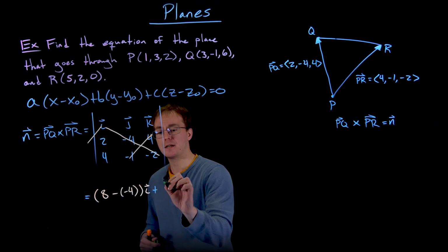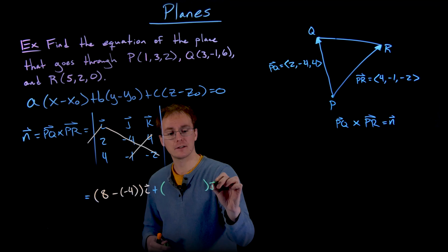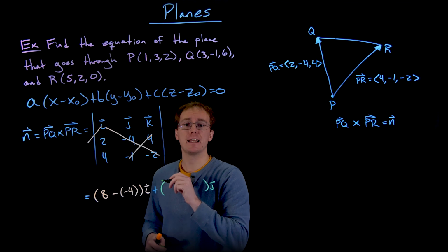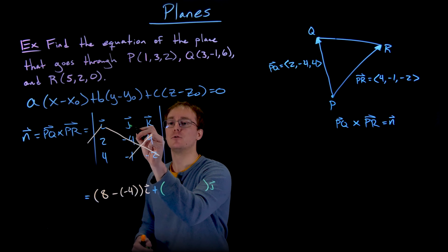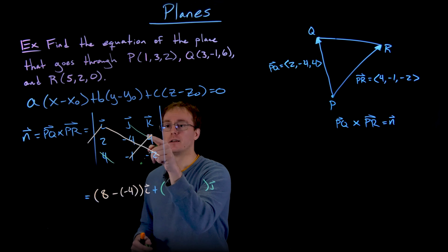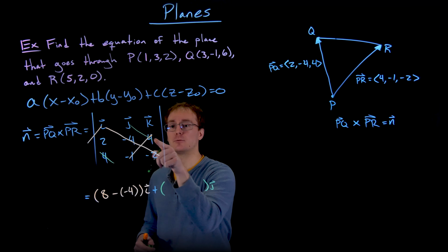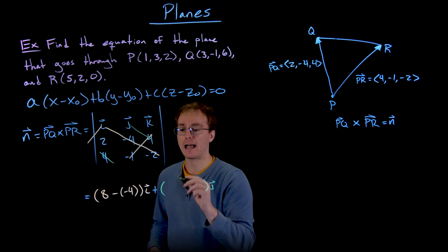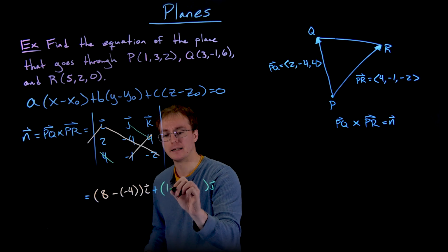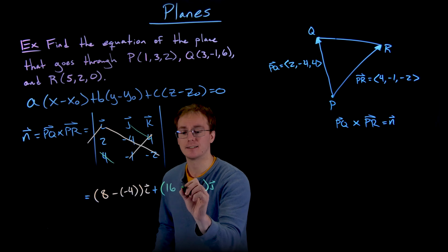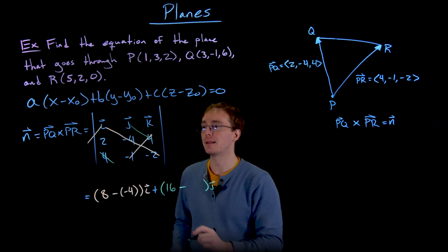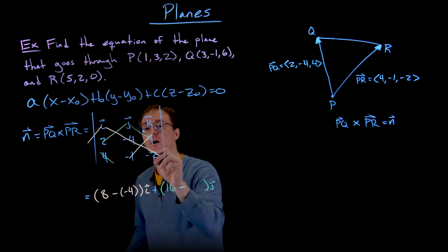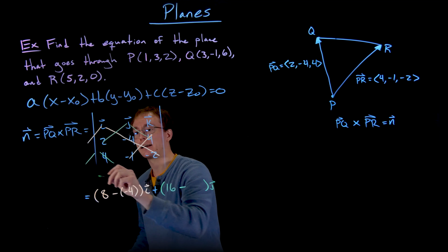So to find the j component of our normal vector, we're going to start at j in our 3x3 determinant and move down that right diagonal. And so we're going to have to wrap around again, but as we move down that right diagonal that starts at j, we're going to have the constant factors of 4 and 4 that get multiplied together, and that gives us a 16. We have to subtract away from that 16 the product of the constants we get from the left diagonal.